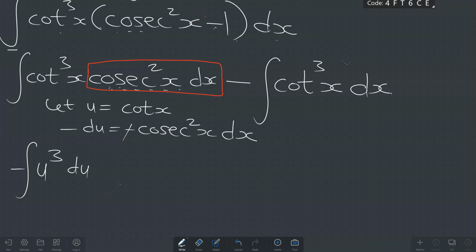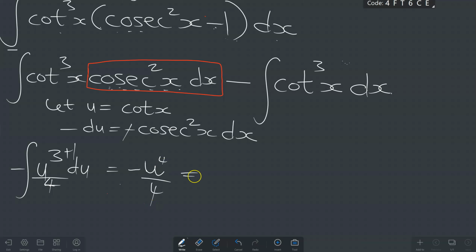So we're going to have something like this here. If we add 1 to the power and divide by the resulting power, which is 4 in this case, we're going to have something like this. Then that's going to give us minus u to the power 4 over 4, right?